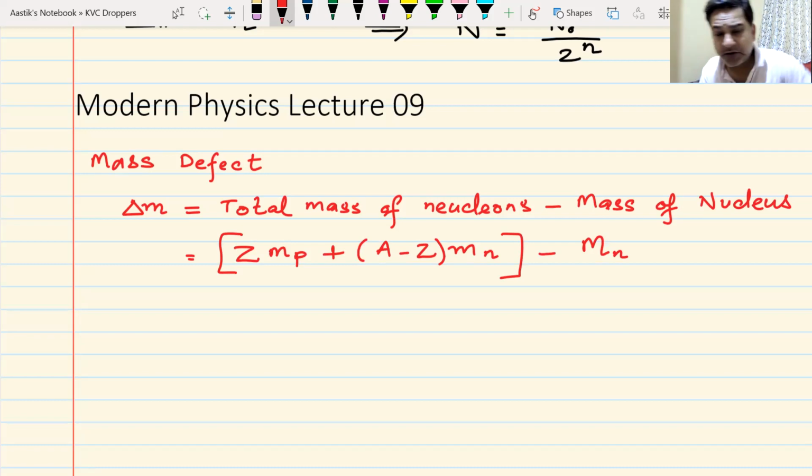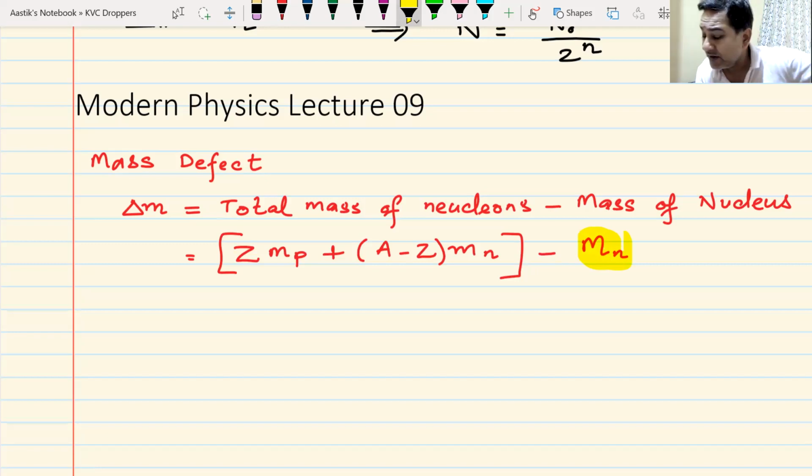That's it. We also saw one more formula where instead of the mass of the nucleus, we had the mass of the atom. Since the mass of the atom also has electrons in it, if I use the mass of atoms on the left hand side, on the right hand side I will have to add the mass of the electrons.